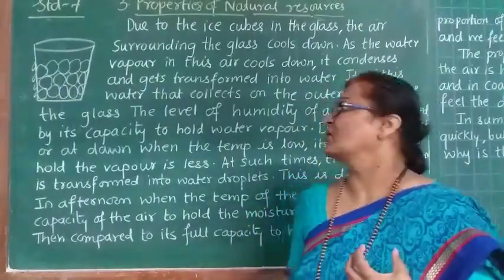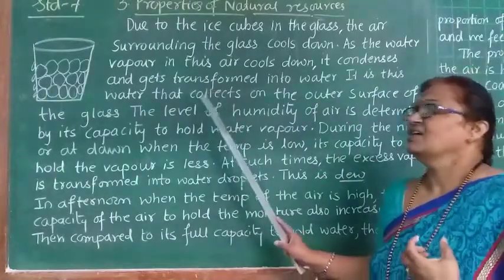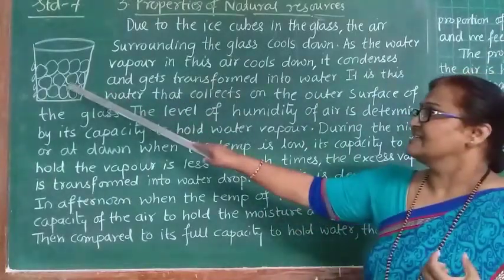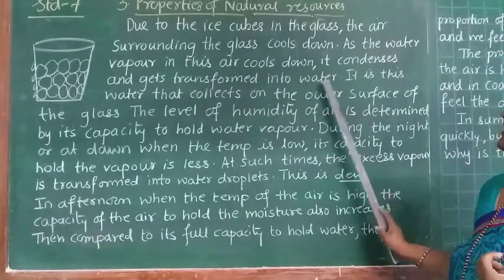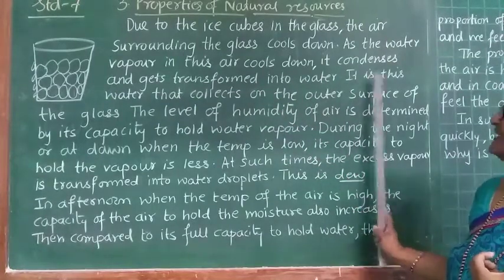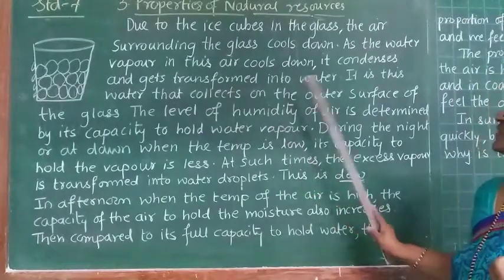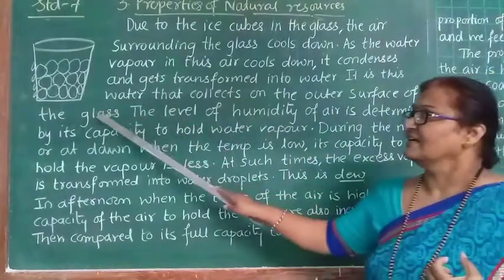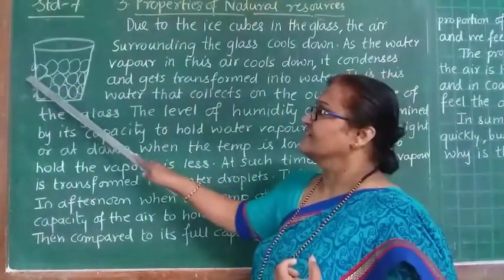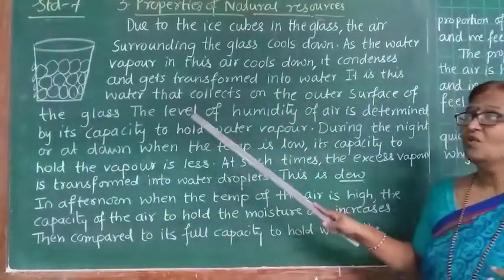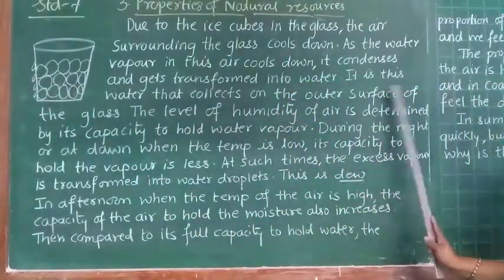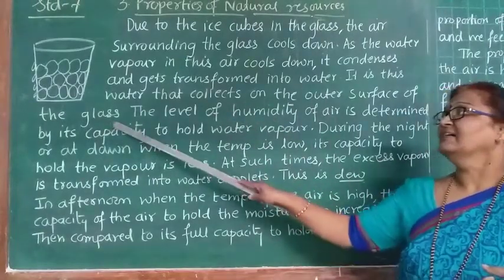So this is because the water vapor condenses and transforms into water. See here, it is the water that collects on the outer surface of the glass. So whatever you see here, these are nothing but the water droplets, the water which is collected on the outer surface of the glass.